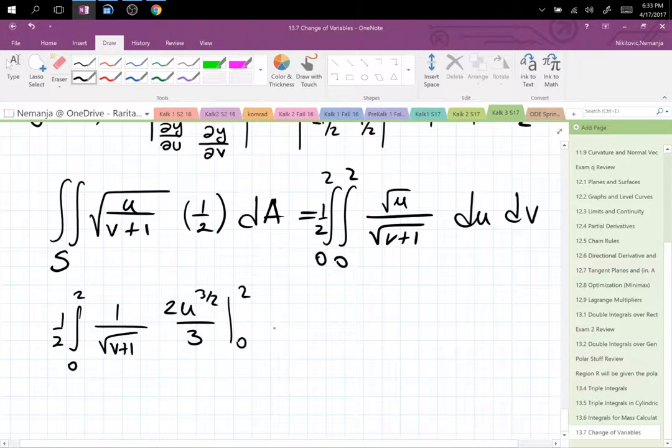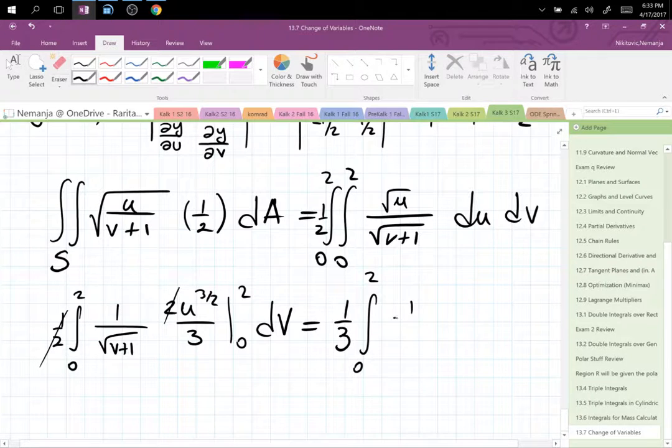Computed from 0 to 2, and I still have dv to deal with. The 1/2 and a 2 will drop, so now you have 1/3 in front. Integral 0 to 2, and we still have 1 over square root of v plus 1, and when I plug in 2, I get 2 root 2, right?